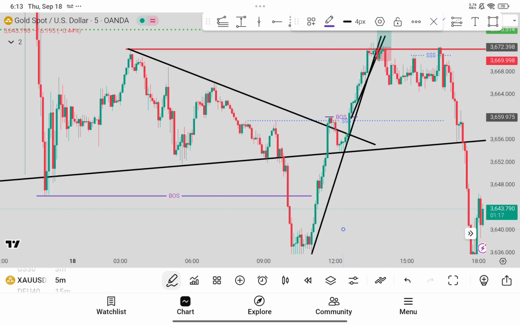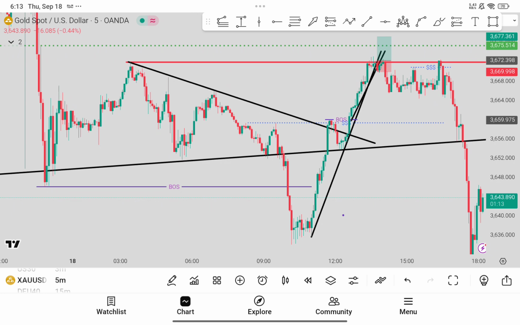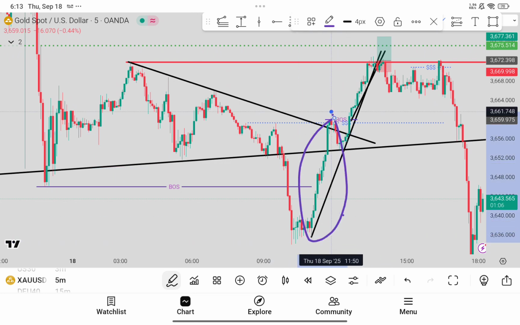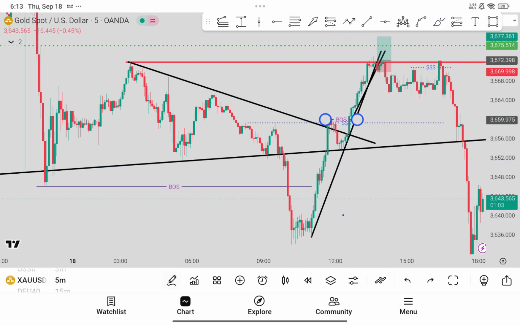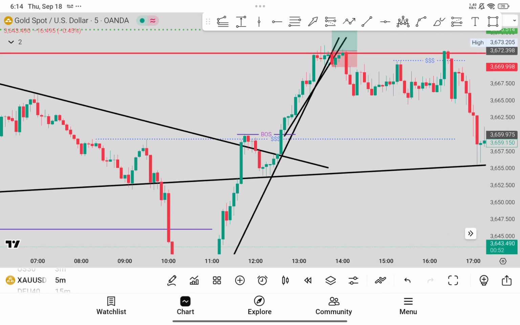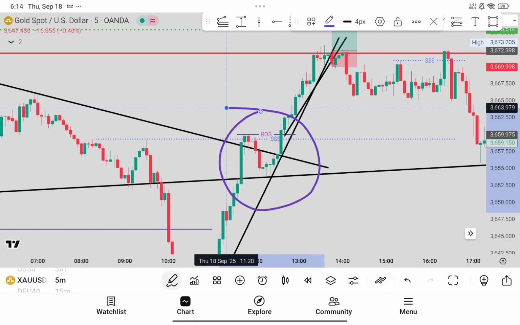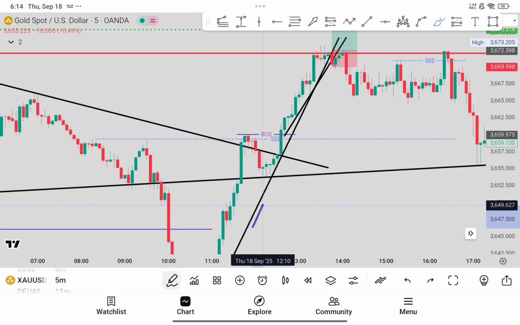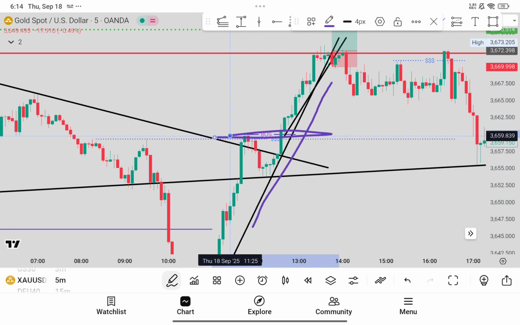Of course, the trend is down and the bias is down for me, and everything comes under my setup, but just because of this momentum, I don't take trades. That's my rule. Whenever I take that kind of trade, I usually lose because I have practiced it so many times. So I ignored this trade, and it broke this swing high.